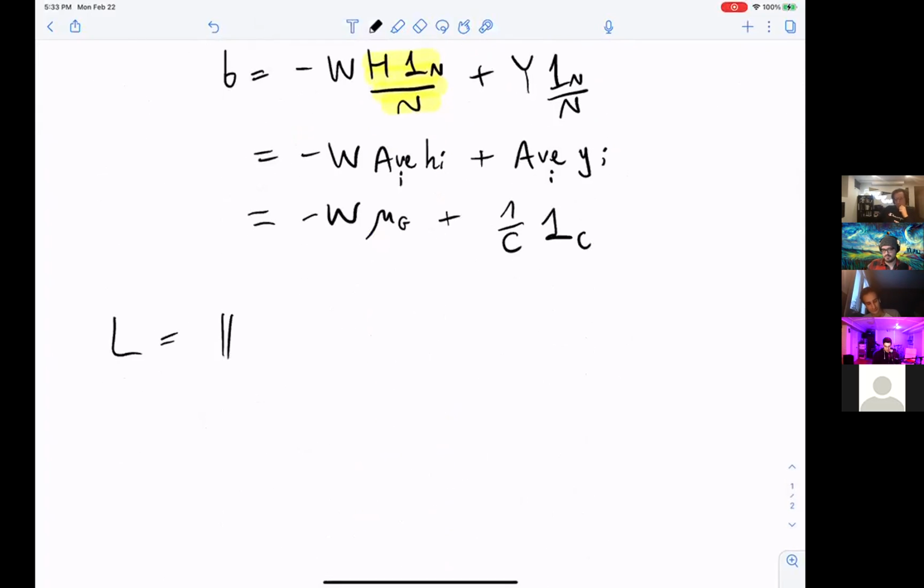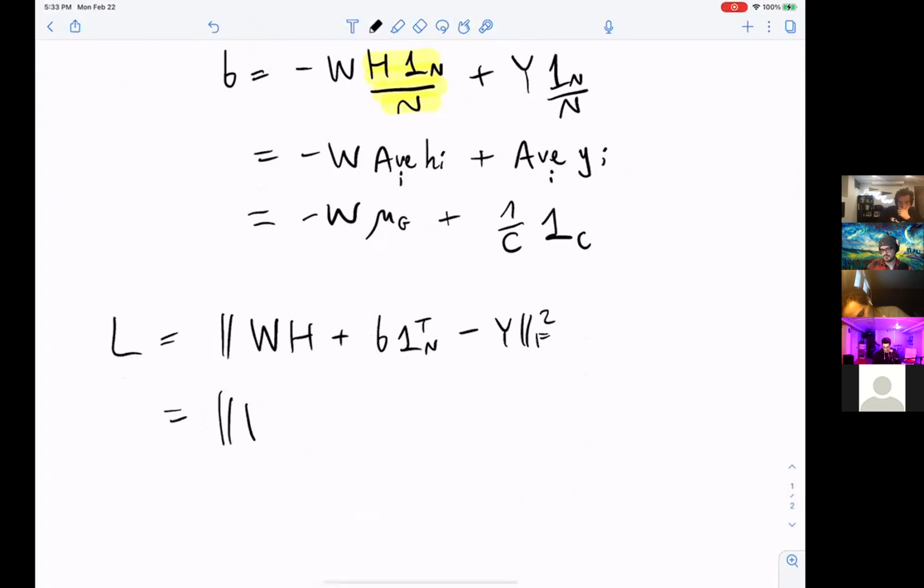So the loss was the squared norm of WH plus b1 transpose minus Y. And I'm just going to plug in the optimal bias. This is just least squares from linear algebra.